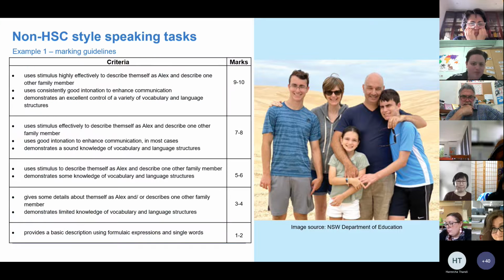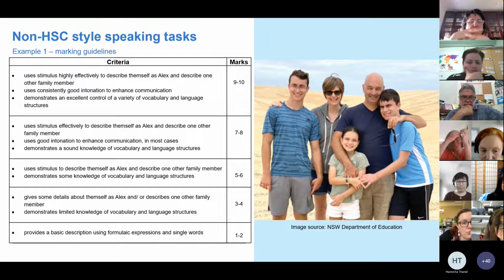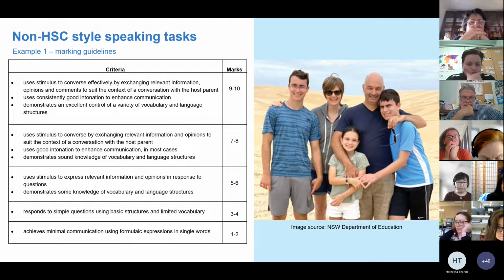Here are the marking guidelines for part A of this task. Here are the marking guidelines for part B.